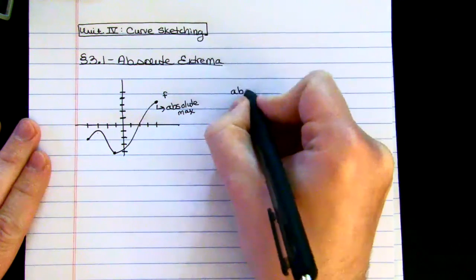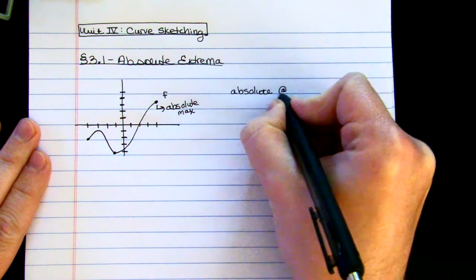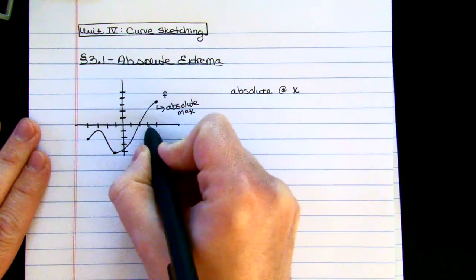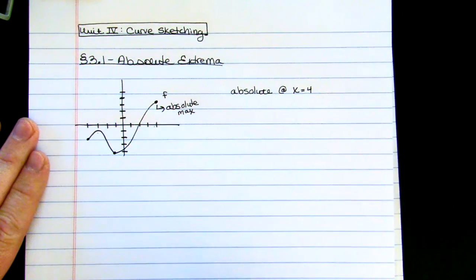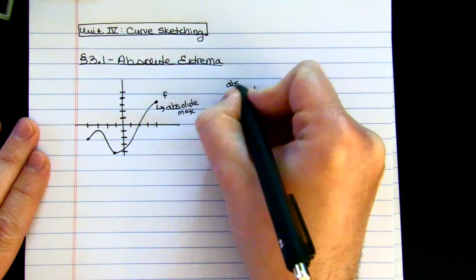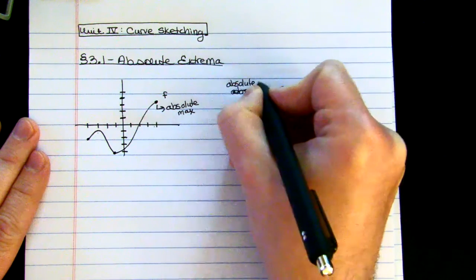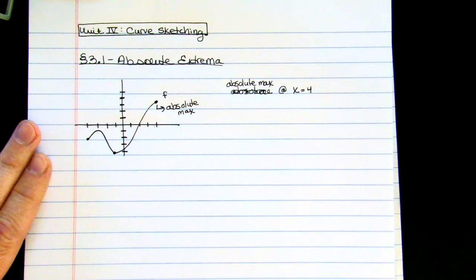I have an absolute maximum occurring at x equals 4. Let me try that again. I have an absolute max. We do need that word. I have an absolute max at x equals 4.